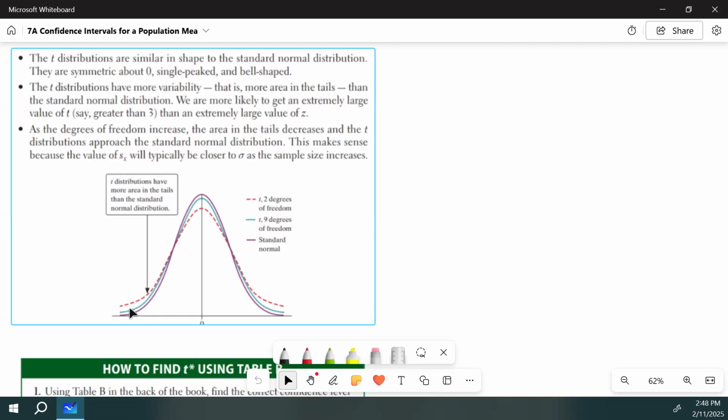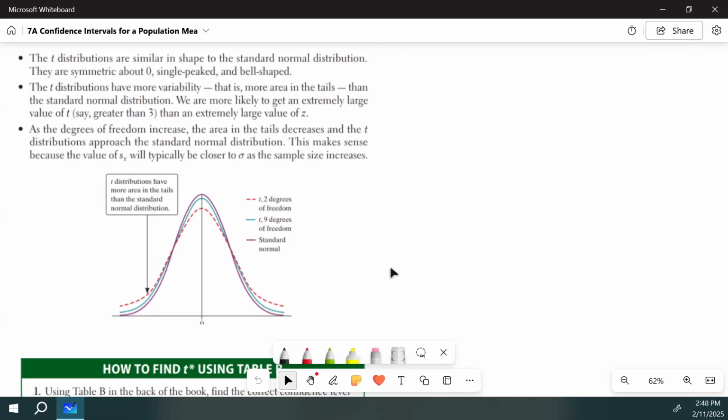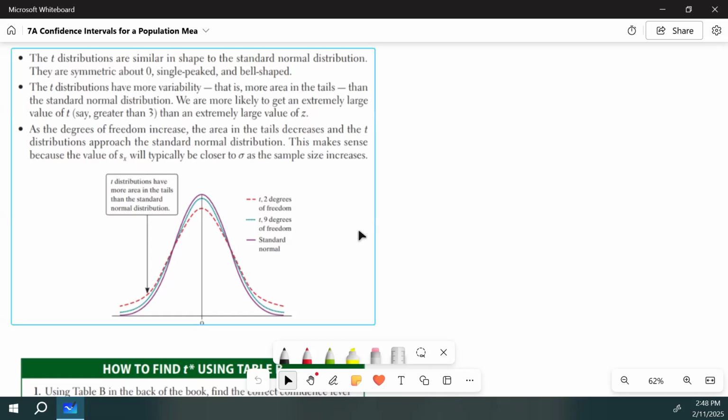So the idea is that as the degrees of freedom increases, the T distribution gets closer and closer to looking like a normal distribution. Okay? So we're more likely to get an extremely large value of T, like bigger than 3, than an extremely large value of Z.